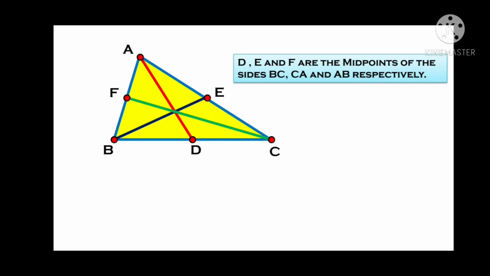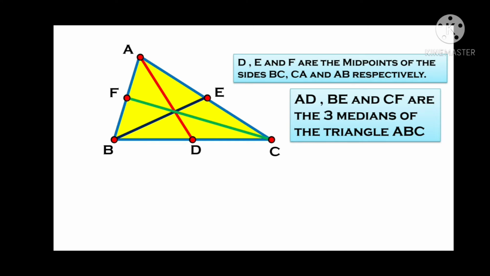So here we get D, E and F as the midpoints of the sides BC, CA and AB respectively. So we can say AD, BE and CF are the three medians of the triangle ABC.